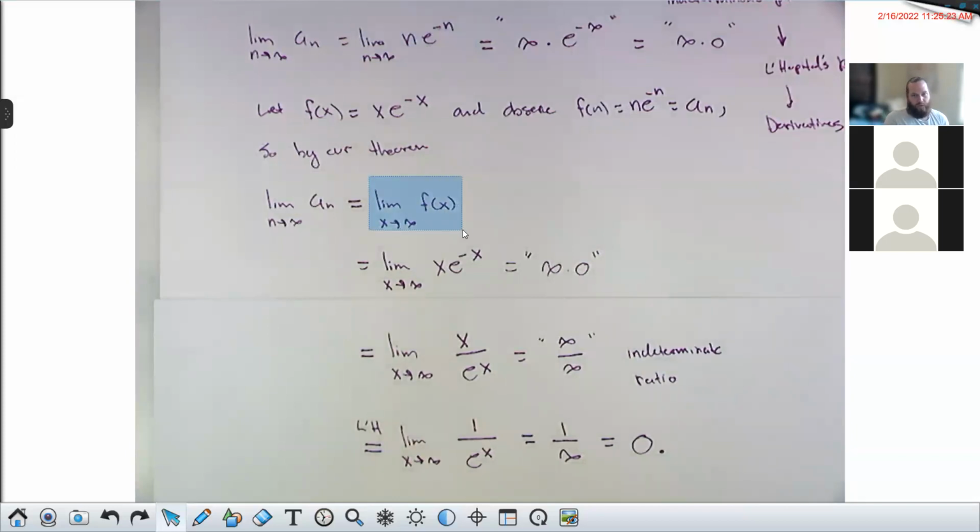I could have skipped this step, right? And just done all of this with n's instead of x's. It wouldn't have hurt anything. I would have run through the same procedure and been looking at the same sort of expressions, just with a different variable.